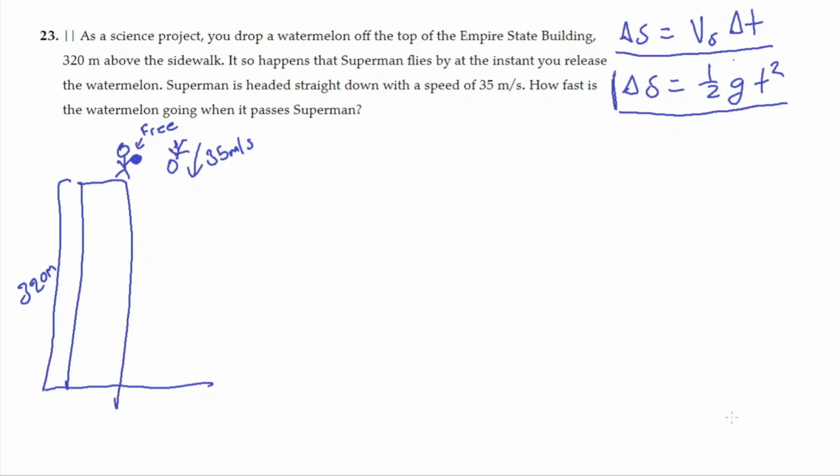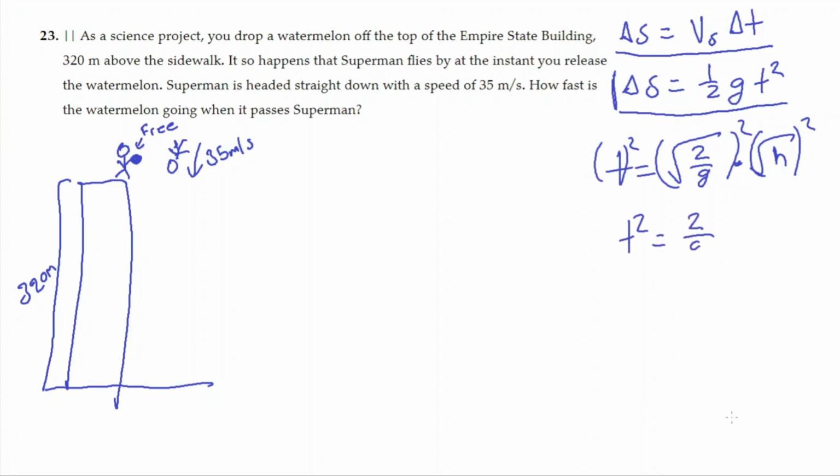This is not a new equation. This is the same free fall equation we looked at, just a different iteration of it. We can solve for it just so you can see how it's the same. So this is the free fall equation, t equals square root of 2 over g times square root of h. Let's square everything. Then we have t squared is equal to 2 over g times h. And h is going to be s, by the way.